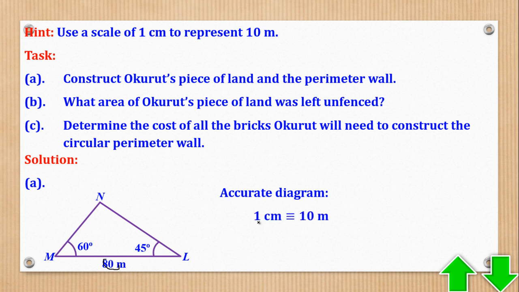So remember that 1 centimeter is equivalent to 10 meters, meaning that 80 meters is equivalent to 80 over 10, which is 8 centimeters. Now for me, I've used an equivalent sign. You can also use an arrow. It is still okay.